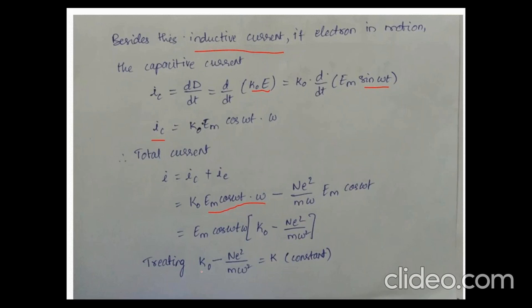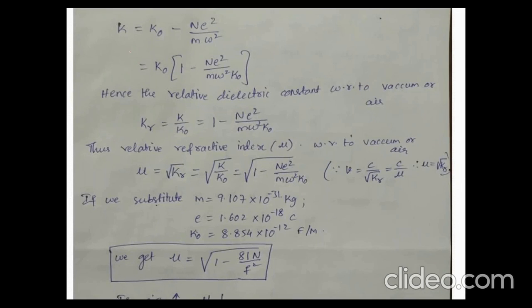Take this K naught minus ne square by m omega square as constant K. Then K equals K naught minus ne square by m omega square. If you take K naught common, it becomes 1 minus ne square by m omega square K naught. Since you are taking K naught out, here you should have a K naught; when you multiply, K naught cancels.